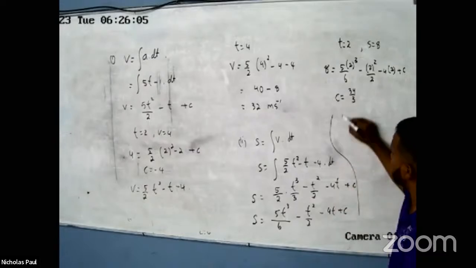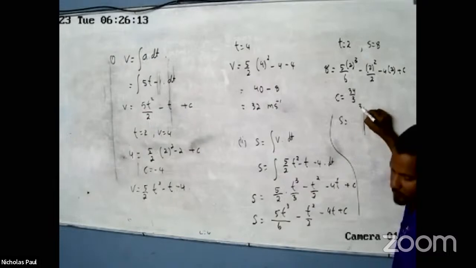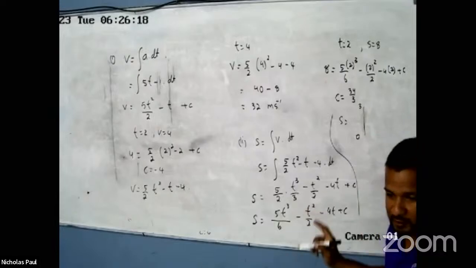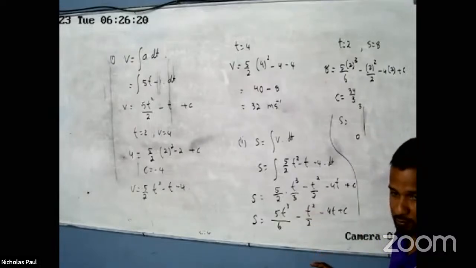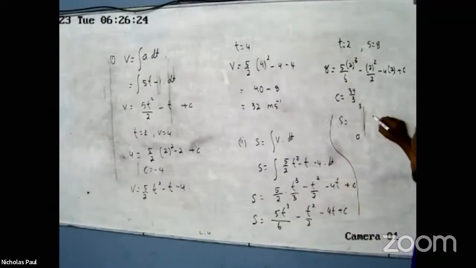The next part now, the last part. They want the displacement between 3 and 0. I don't have to integrate. Anybody has got 34 over 3? Yeah. So between 3 and 0, you're plugging in the values.